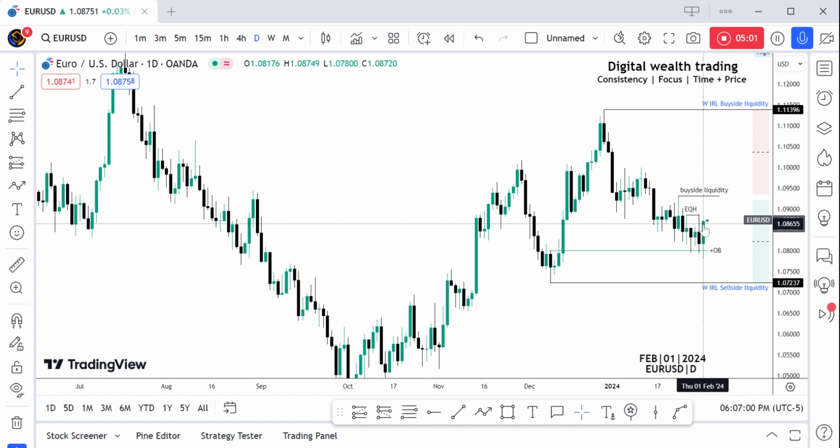We delivered at the peak, and the market closed almost at the peak. Looking at the daily, we don't have any reason to expect price to come back or have a deep retracement. If we are interested in this buy side or this buy side, then there is no real need for price to come lower.